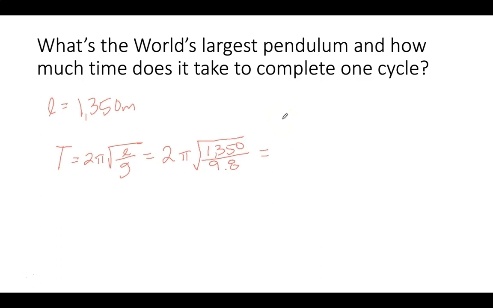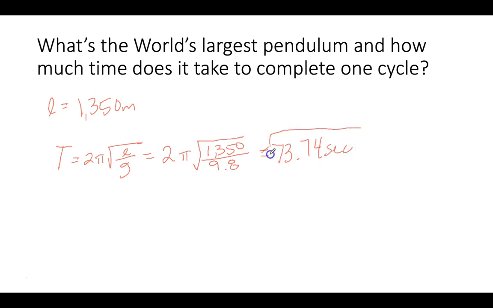I'm going to do that on my handy dandy calculator right here in front of me, and I will show you what I get. So it's going to be 2 times pi times square root of 1,350 over 9.8. And I got, you can't see it on there, 73.74 seconds.